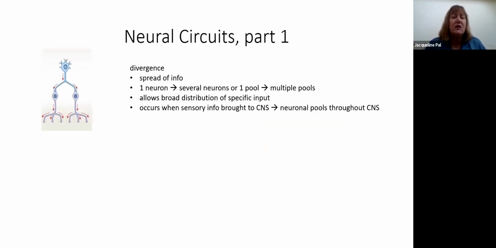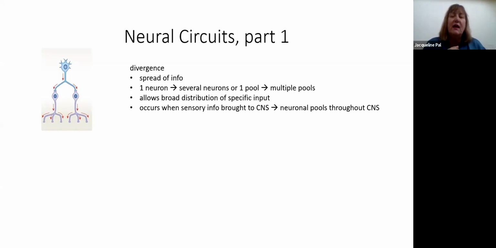So on the first slide, we're going to talk about three types of neuronal circuits. And the first one is one where the information in one neuron is diverging. In other words, it is splitting, sending the exact same information to multiple neurons on the other side of a synapse, okay? So it could be one neuron to several neurons, or it could be one neuronal pool giving information to multiple neuronal pools as well.